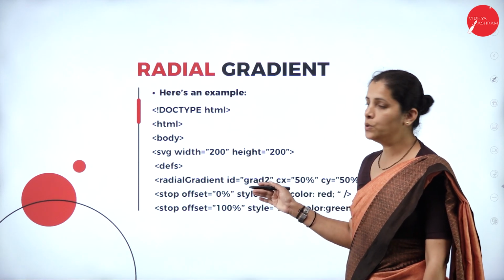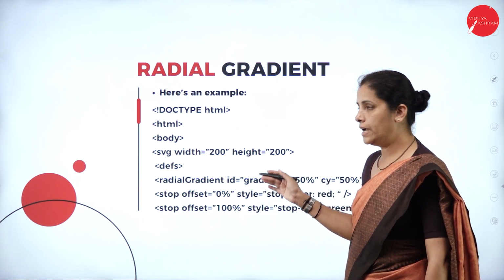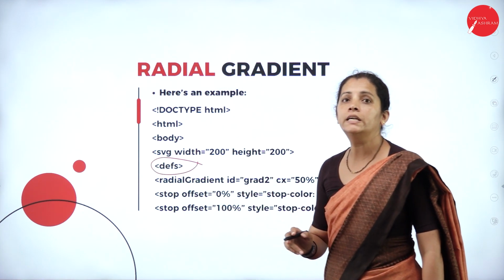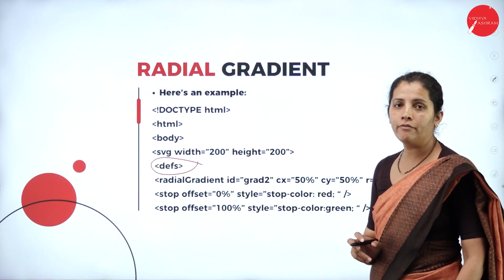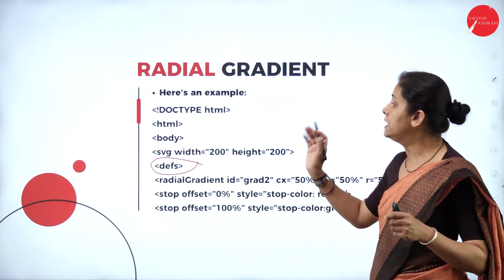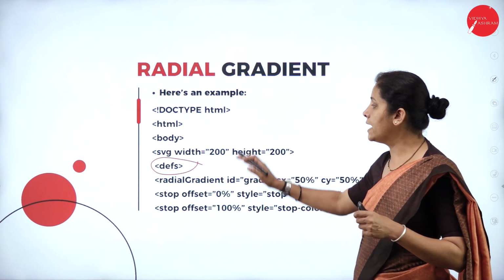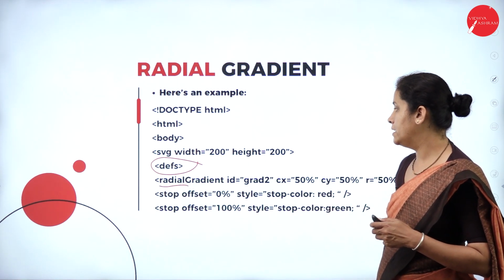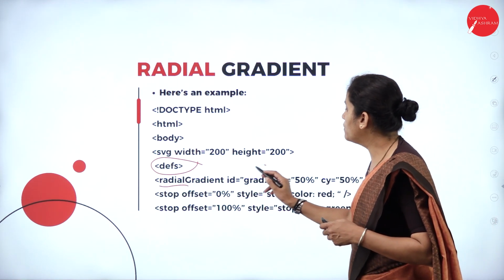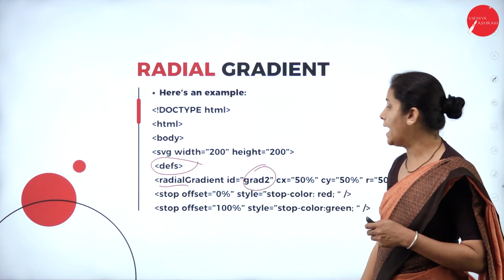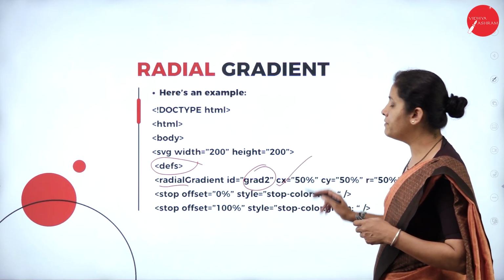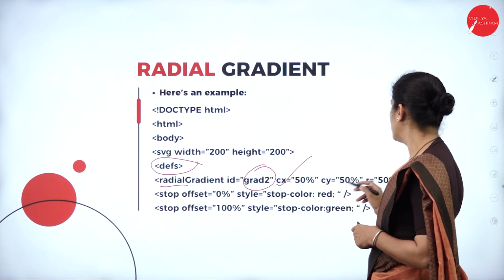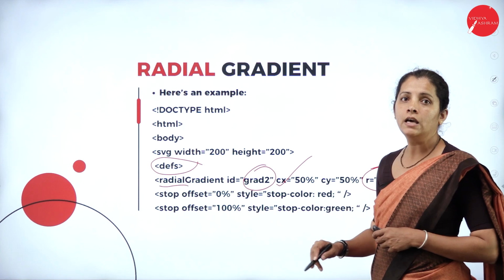Whenever I use radial gradient, I want to use the tag called DEFS. First I'm going to define the tag DEFS, and inside that I'm going to write radial gradient. What's my ID name? grad2. I'm going to specify the center, that is CX, CY, and the radius.